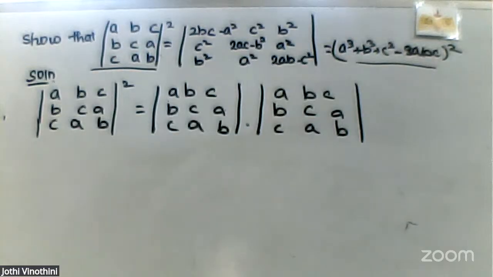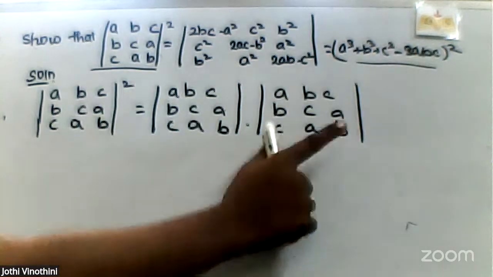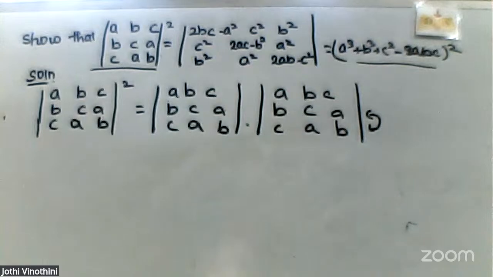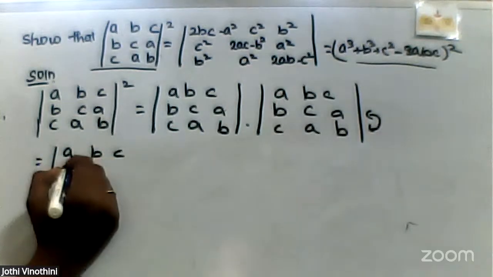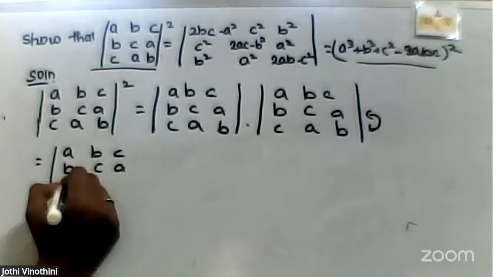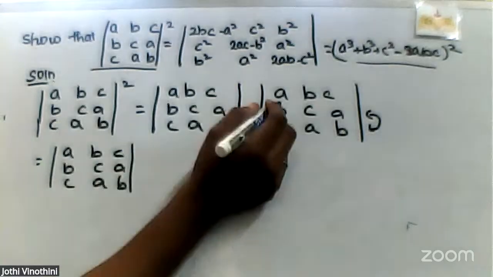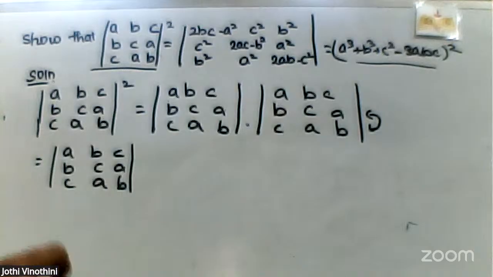Okay, super. So now I am going to do a simple change in the second determinant alone. What I am going to do is a simple switch over of R2 and R3 in the second determinant alone. So it becomes A, B, C, B, C, A and C, A, B. The first determinant remains the same. But in determinant 2 we are replacing R2 by R3 and R3 by R2.